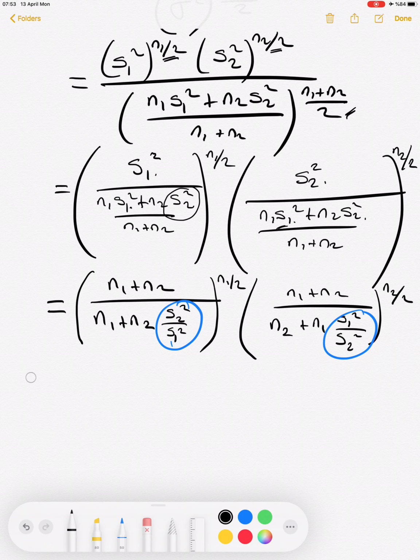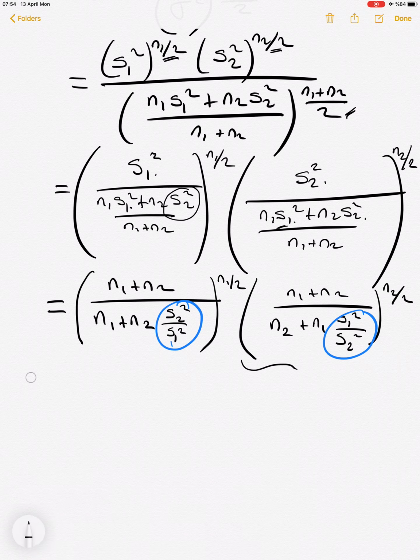So let's try to write this term in terms of the other one. Basically you can use one of them. If you want, you can just stick with s2 square over s1 square and write the other in terms of it.